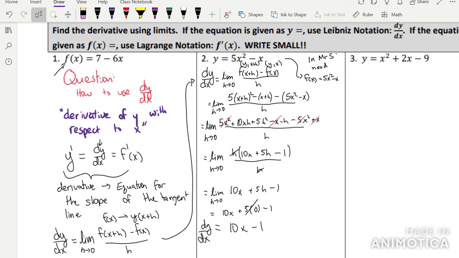The main thing is that you're just evaluating sort of this idea of like y2 minus y1 over h as the limit of h approaches 0. But keep in mind y2 would be equal to 5 times x plus h squared minus x plus h, and then y1 is just our 5x squared minus x.